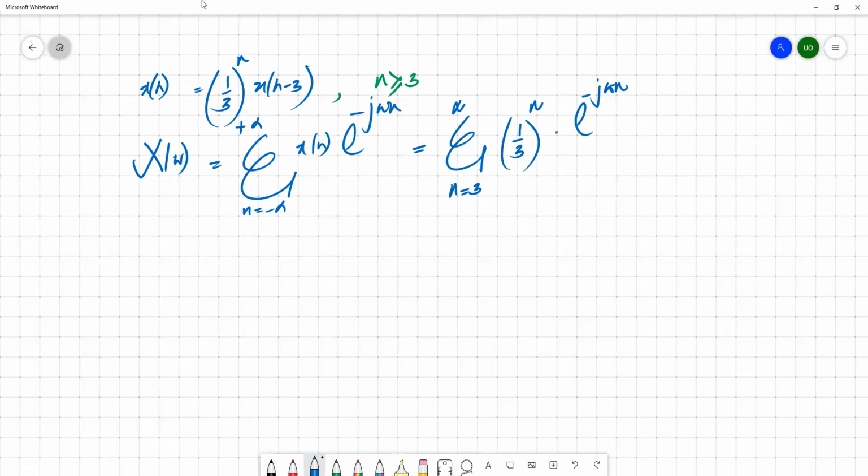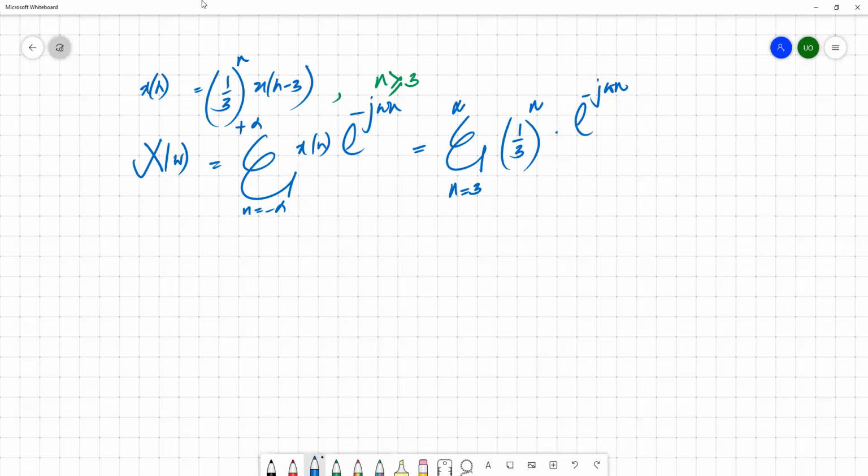Okay, so unfortunately we have this inbuilt equation, the standard equations for the geometric series, where you can find the finite length or infinite length sum starting from n equals 0. So not from 3.